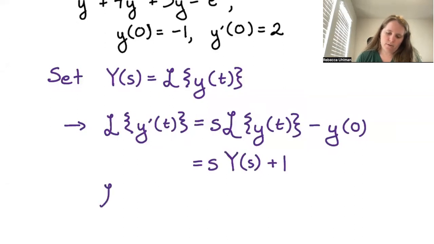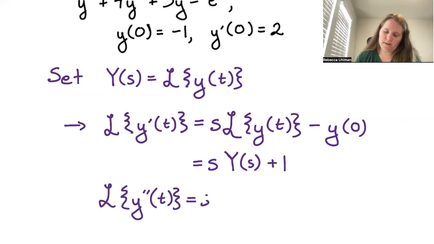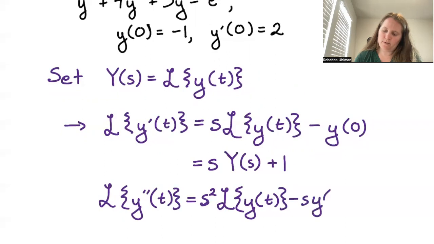The Laplace transform of y double prime of t is equal to S squared times the Laplace transform of y of t minus S times y of 0 minus y prime of 0.